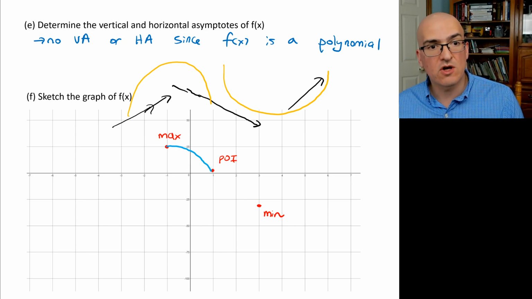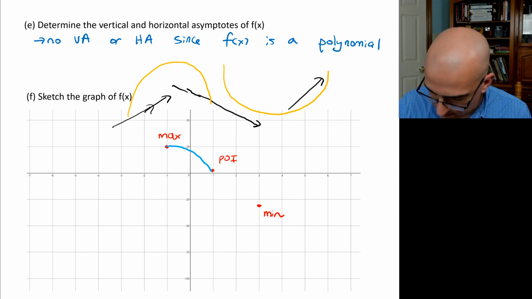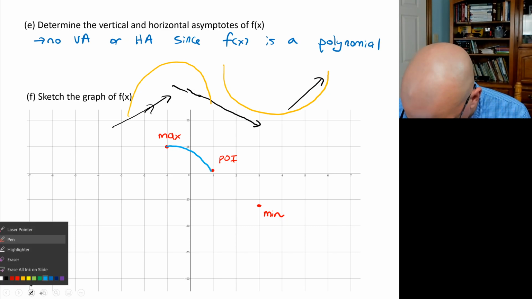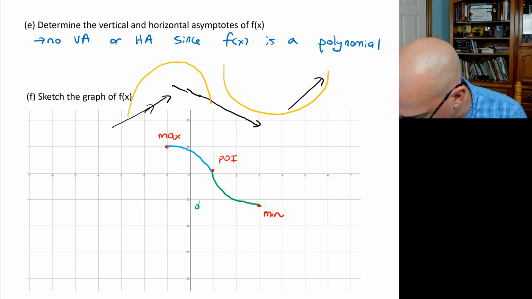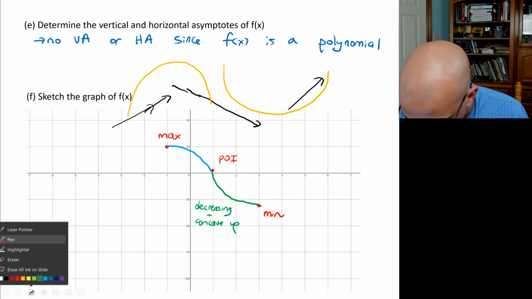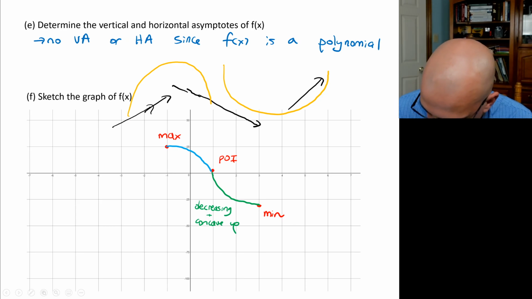Now it switches to concave up at x is equal to 1, but it's still decreasing, so it has to be decreasing, concave up. I'll use a different color, even though graphs usually all are one color. It'll make it easier for labeling purposes. So decreasing plus concave up. And the blue was decreasing and concave down.